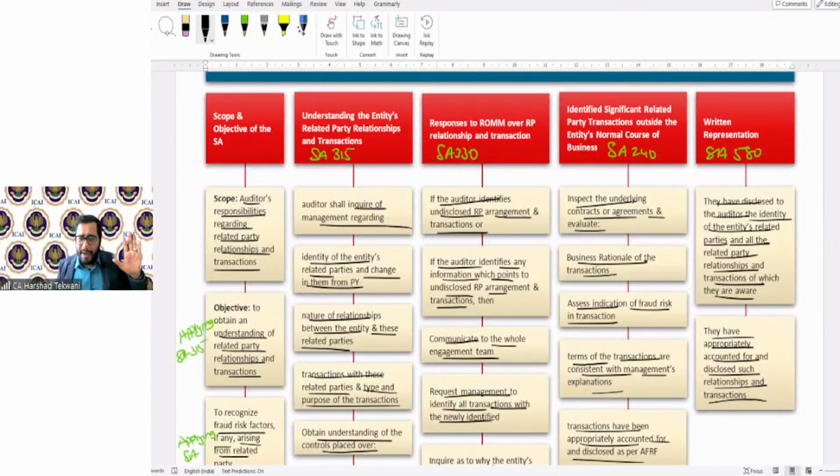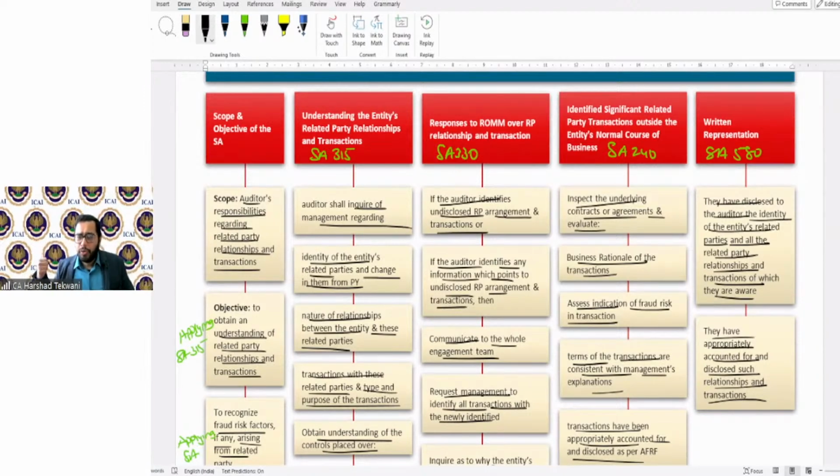You identified a misstatement, and management's representation is wrong. This wrong representation you need to disregard; you will not consider it. Plus, for all the representations management has given you in any area, you will consider the impact of this.